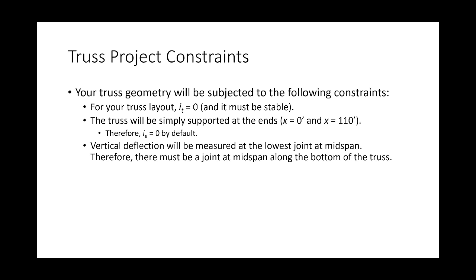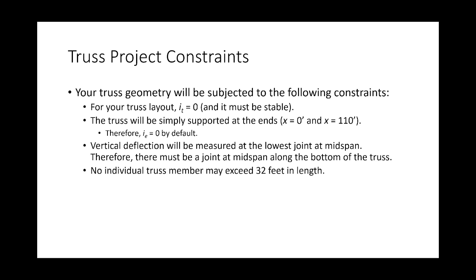You can't have like a support, here's the truss, and it can't go, you know, like this. This would not be good because then you wouldn't have a joint at midspan. Okay, you need a joint at midspan in order to determine deflections.